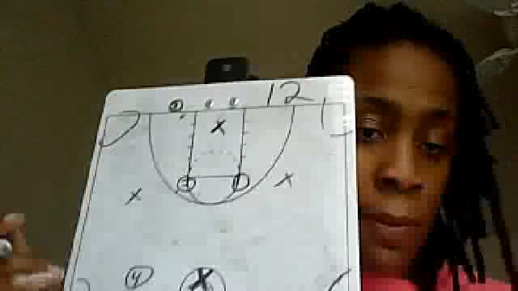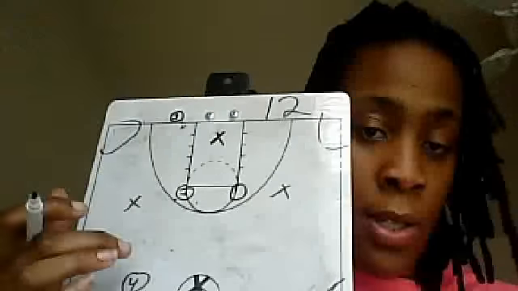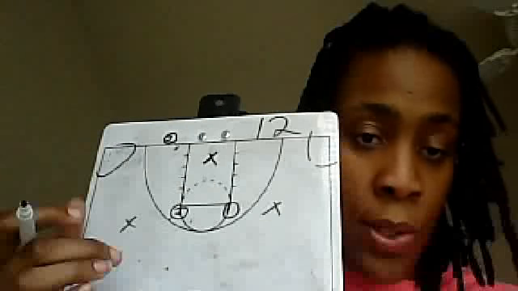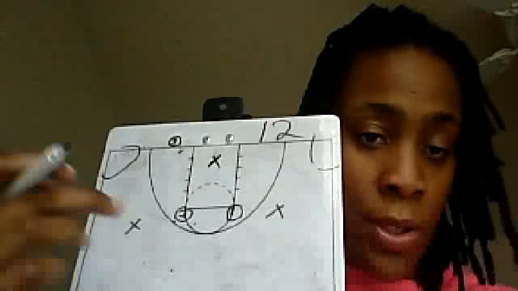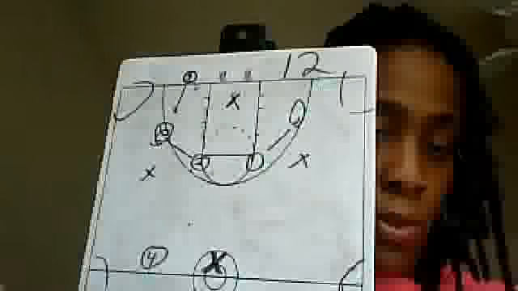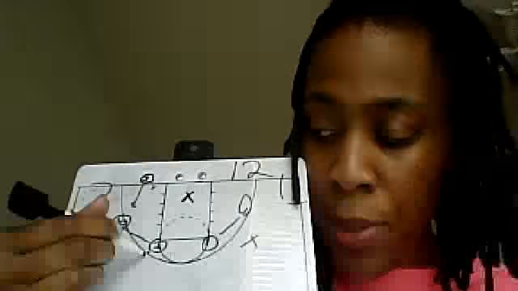So my defensive players on either side of the player, know that it's cutting to your side. Okay. So let's just say the two cuts over here and the one cuts over here. And the ball gets passed here. Automatically, the two is trapping with the one.